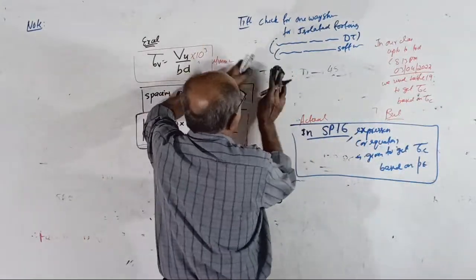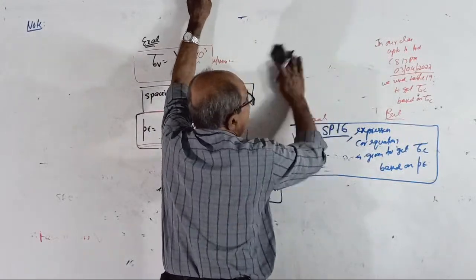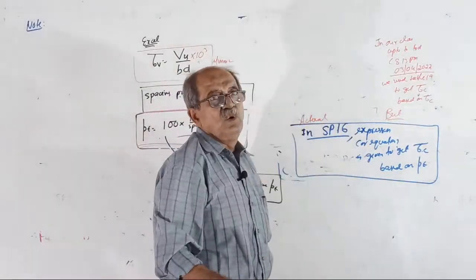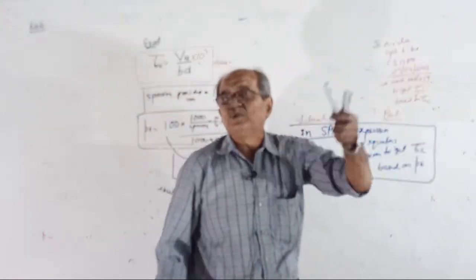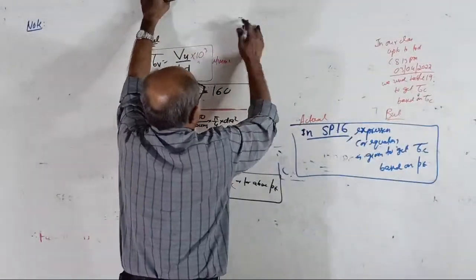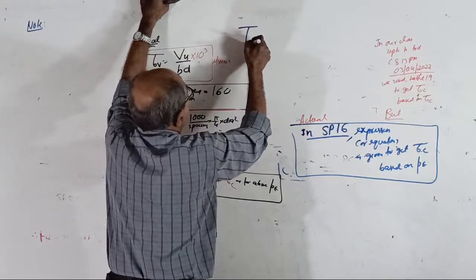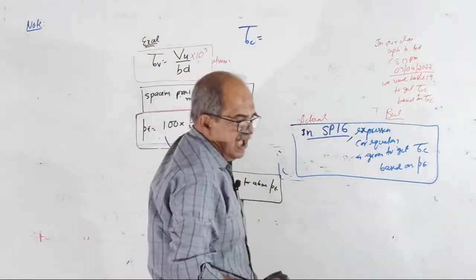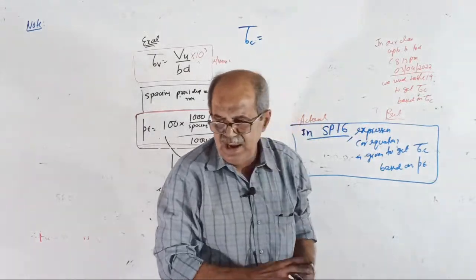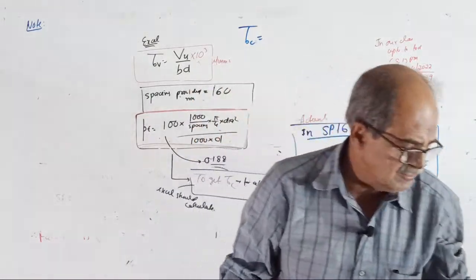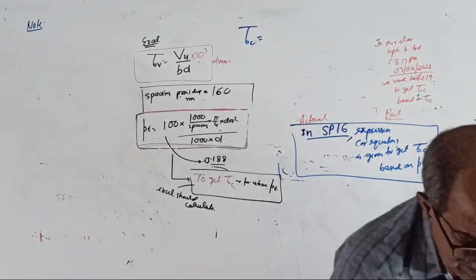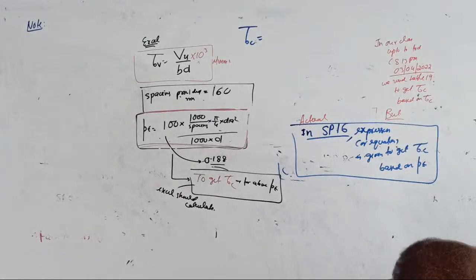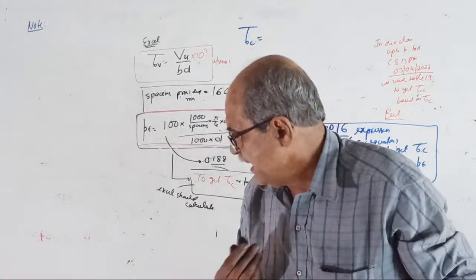Same way in SP16 the equation is given to get tau c based on PT. From that equation only the IS code prepared. Remember, directly tau c equal to... one minute. I do not remember. I need SP16. Main problem now. One minute, it will be somewhere here. I will check it.